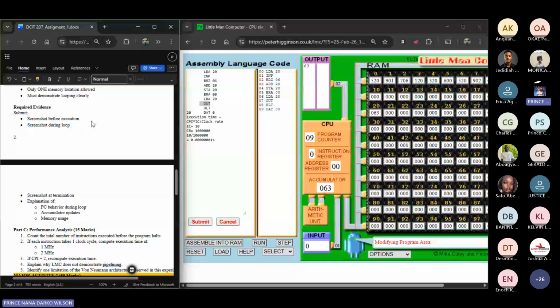The instruction count in this case, and now it's not before the halt, is 9. The clock rate for 1 megahertz is equivalent to 1 million. So we divide the instruction counts times the CPI by 1 million. So it will be 1 times 9 all over 1 million. Then you compute the value and put it there in seconds. Mona, is that clear?